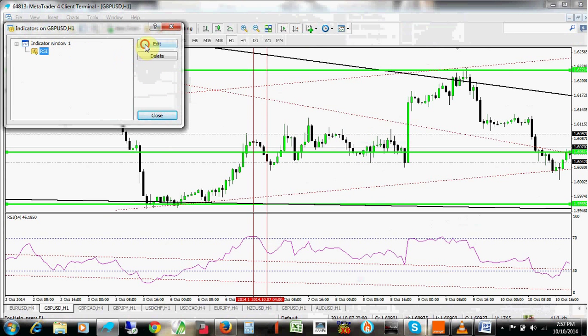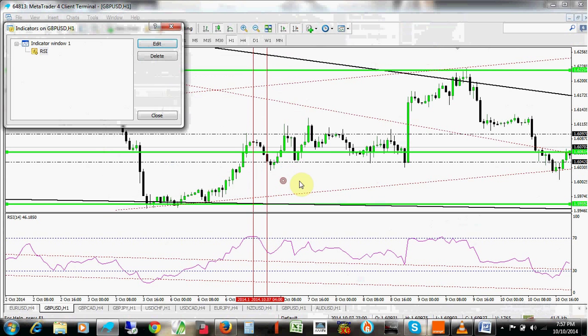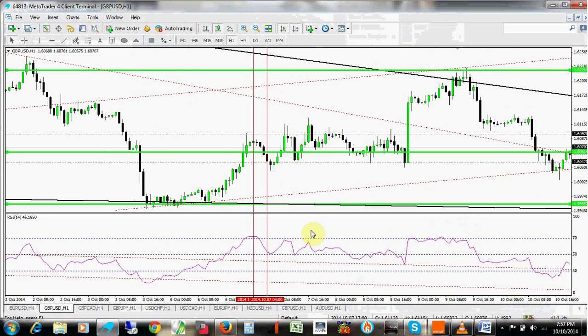Indicators, RSI, add 50. Yeah, it came back to 50. I'm so used to it, I can tell where it is even without drawing. So it came back to 50, went back up again.